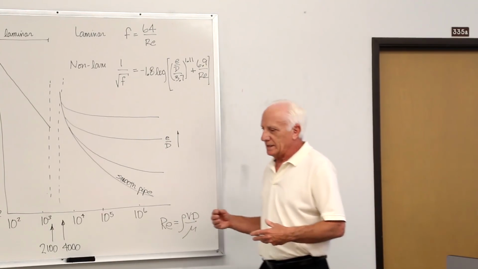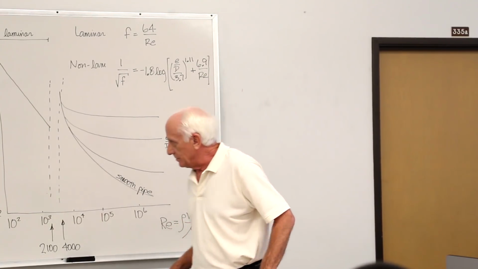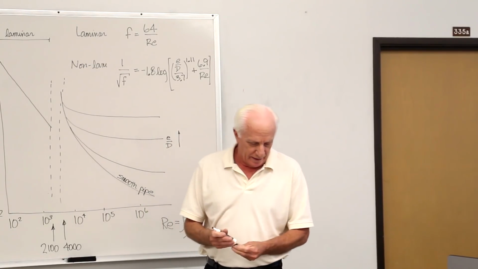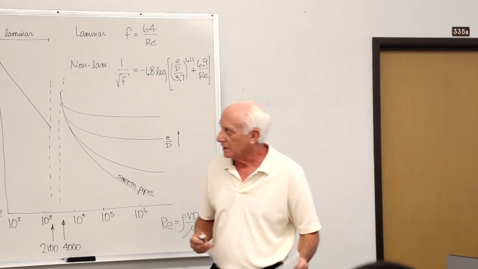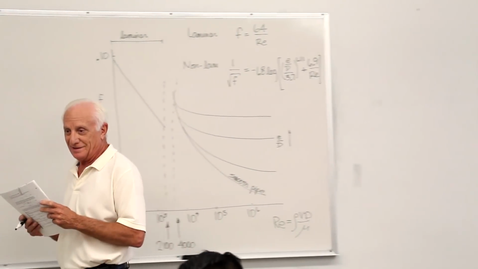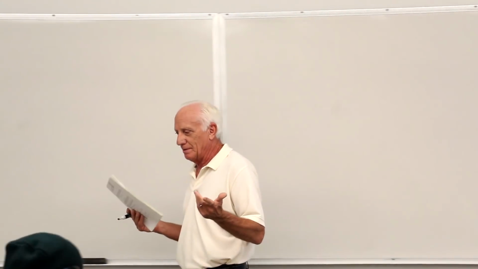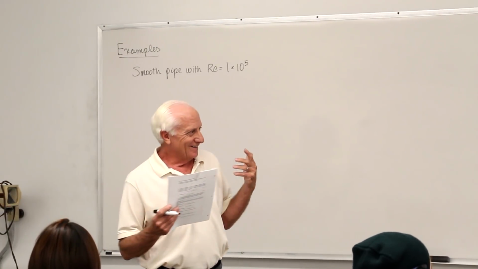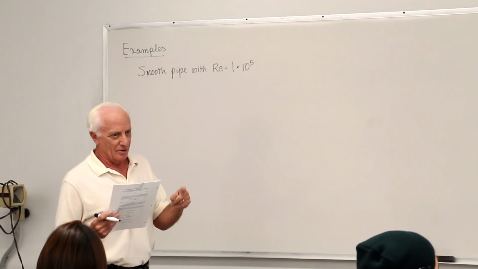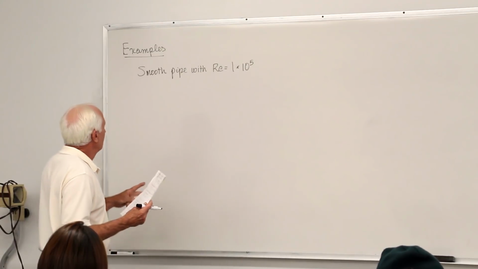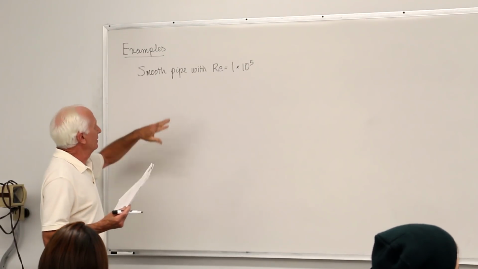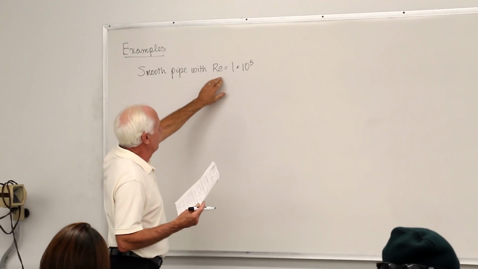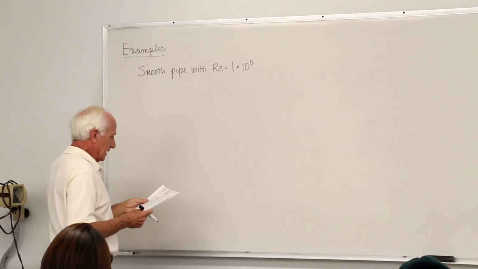And the way that you use that, just to do a quick review, is we calculate the Reynolds number first. That's number one, as we said, in a fluid flow situation, a pipe, it's always a good thing to do, calculate the Reynolds number first. That's your first decision. Is it laminar or is it turbulent? Okay. So I'm giving you an example here. I've got a smooth pipe, maybe PVC. Reynolds number, 100,000.